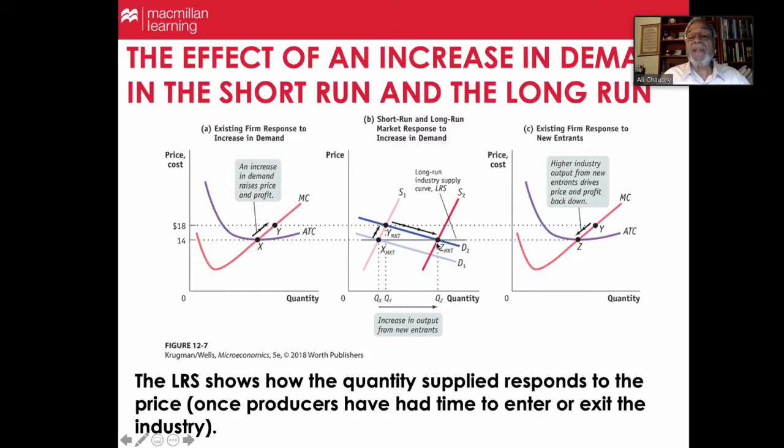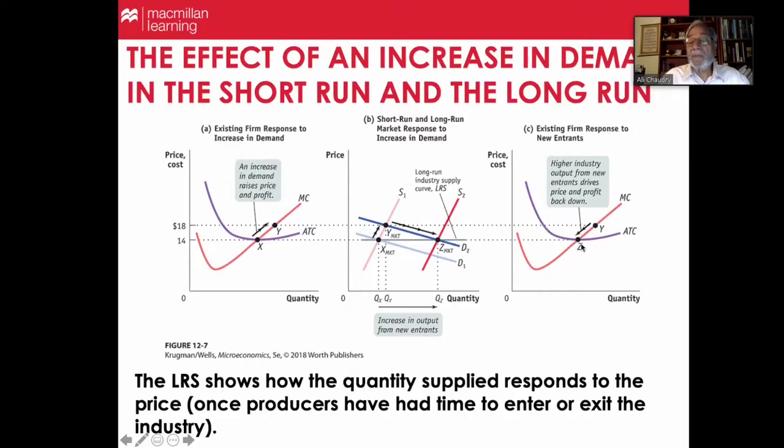And here we see that in the long run, when people see the demand has actually increased, the market is opening, and more businesses will enter. So the supply curve shifts from S1 to S2, that more people will enter the business, and the industry then will be able to meet the total demand.